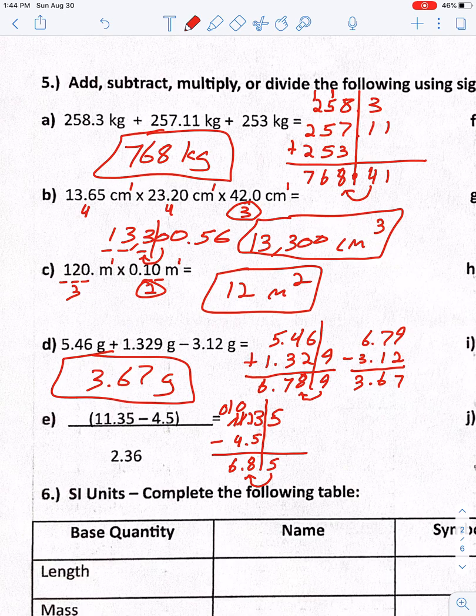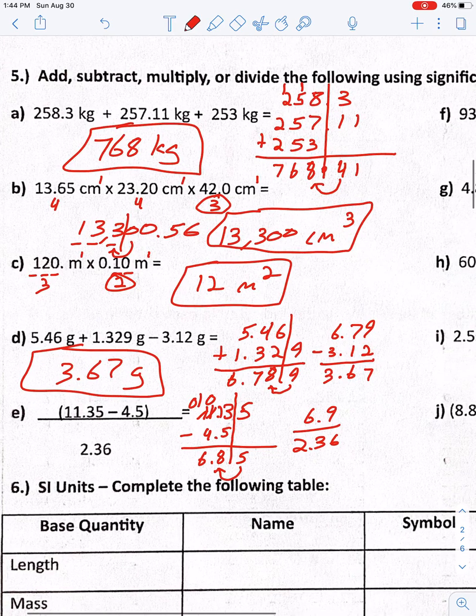So now I can do 6.9 divided by 2.36. Now we're in division. We have our significant figure rule. You're only as good as your weakest link. 6.9 has 2 significant figures. 2.36 has 3, so my answer can only have 2.